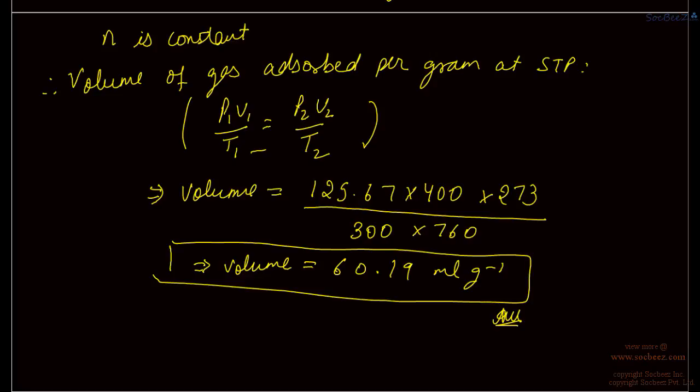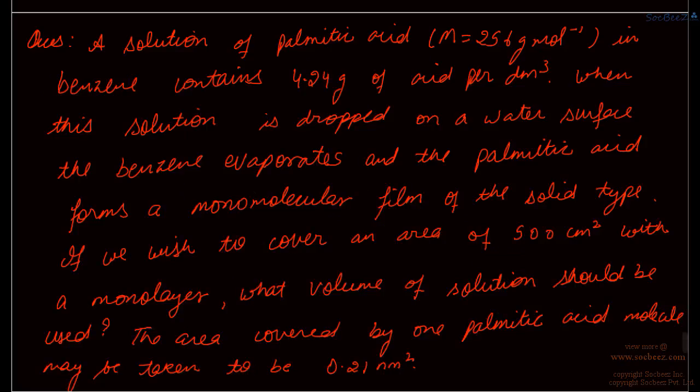Okay, so let's move to another question. The question says that a solution of palmitic acid in benzene contains 4.24 grams of acid per decimeter cube, or per liter.